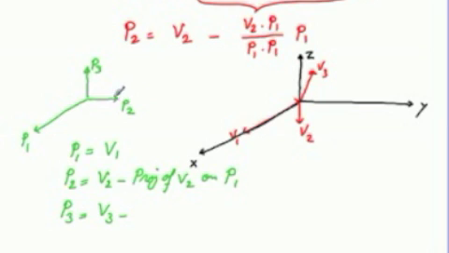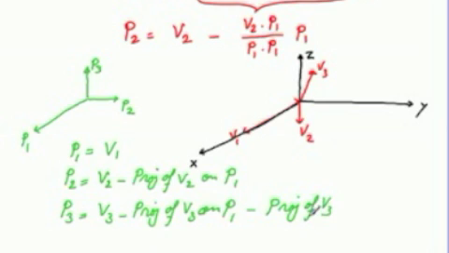So the only direction left for it to go is straight up, perpendicular to both. So that's going to be projection of the last vector minus projection of the last vector on the very first of these vectors we have created, and then projection of that vector on the second member that we have created.